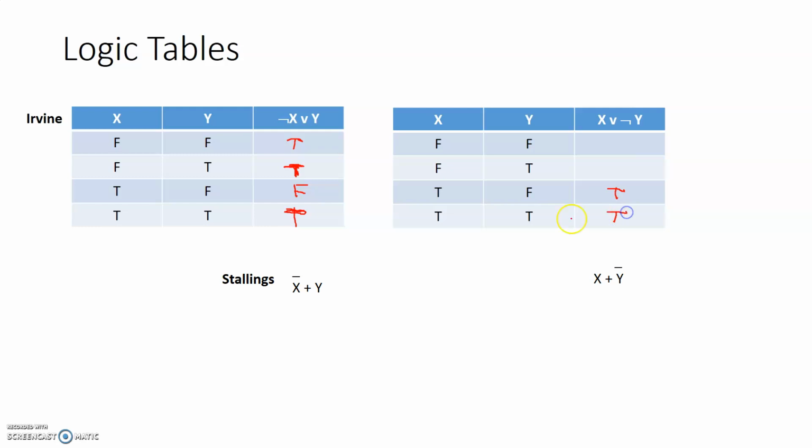So these last two lines are true because x is true. Then we only have to evaluate the not y with these two that are left. So not false is true, and not true is false. Okay.